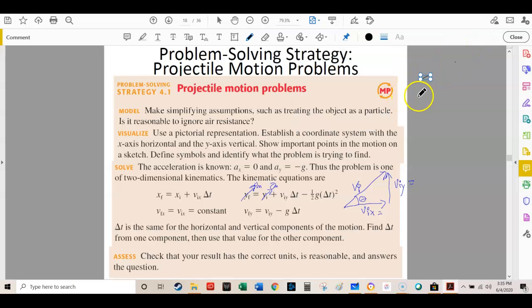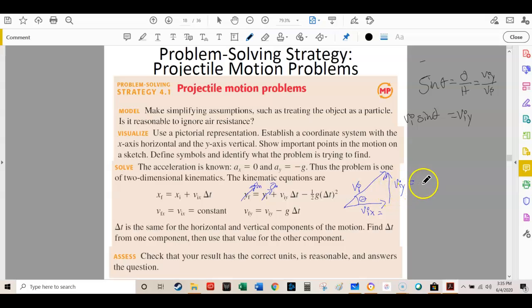So sine of theta is equal to opposite over hypotenuse, which in this case, if this is theta here, would be VIY over VI. So to get VIY, it's equal to VI, the hypotenuse, times sine of theta.